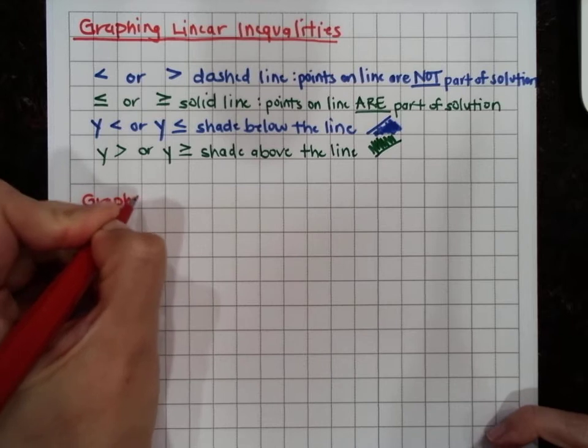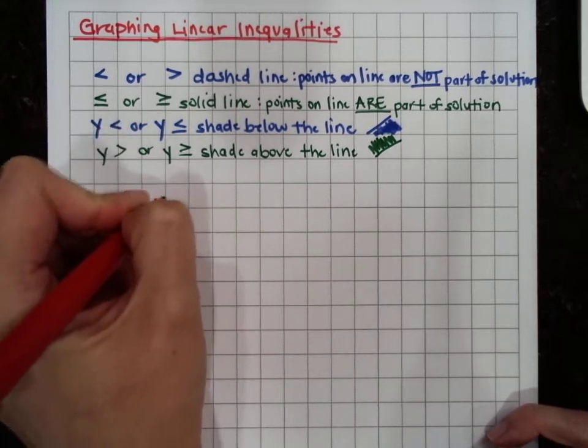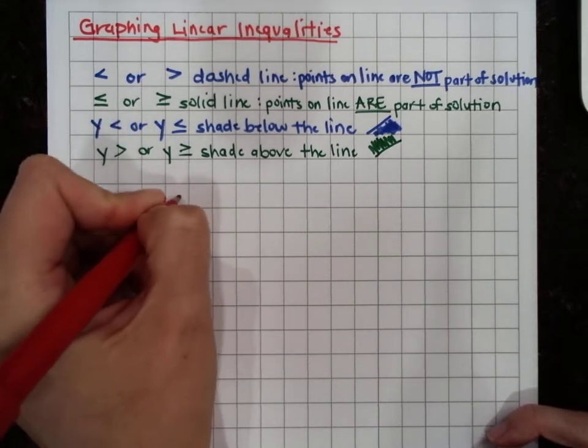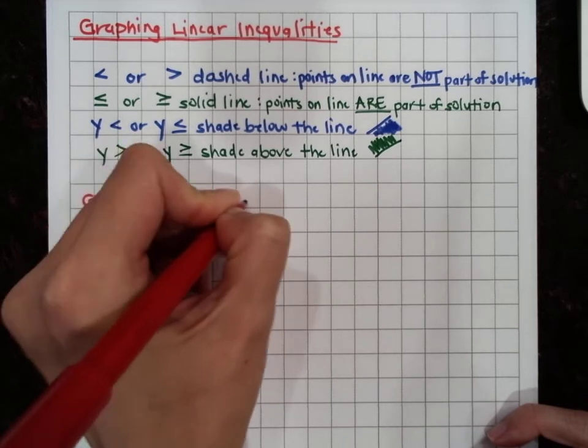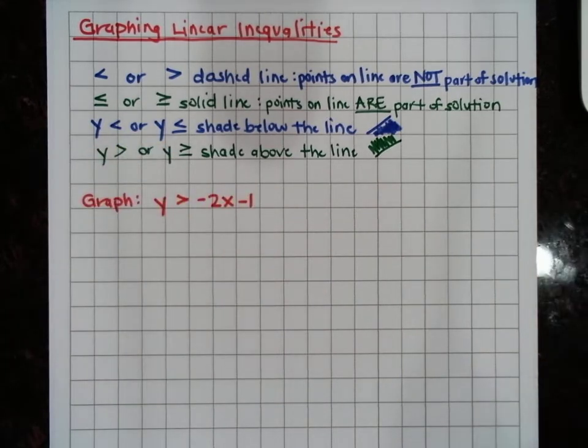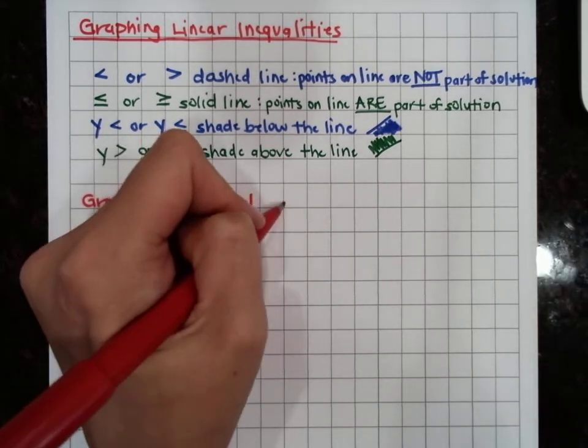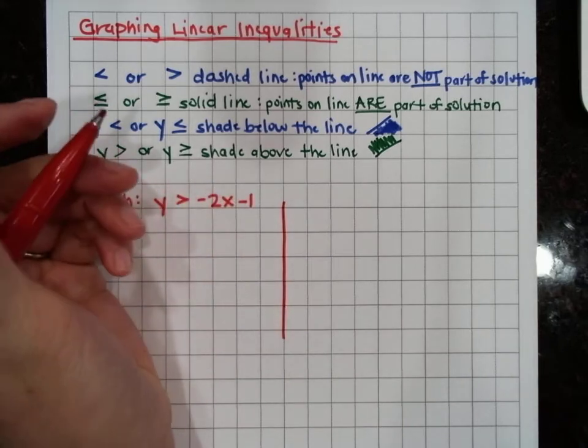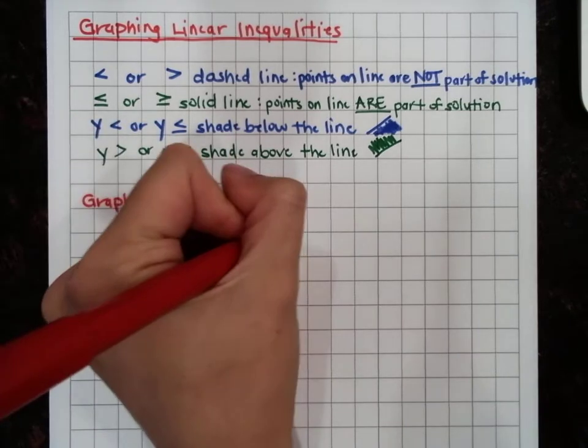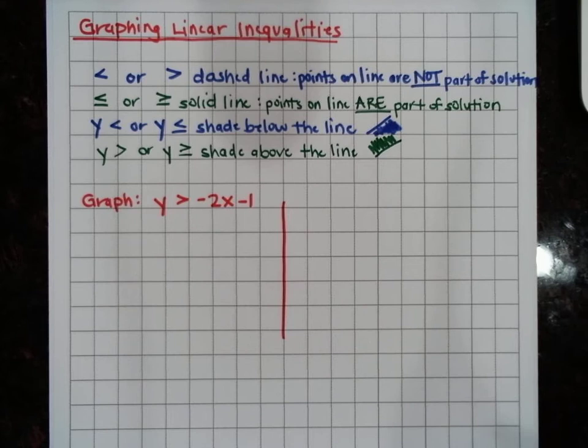Okay, so let's say you're told to graph y is greater than negative 2x minus 1. So first you need to determine if it is a solid or a dashed line and where you're going to shade.